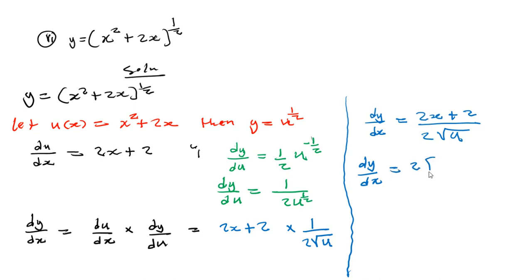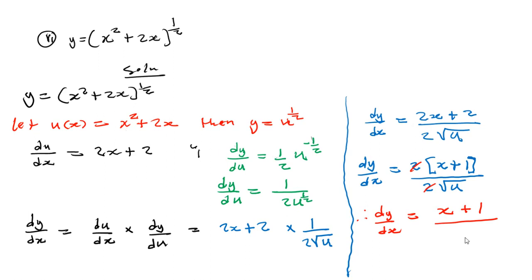So dy/dx is equal to 2 open bracket x plus 1, because 2x divided by 2 is x and 2 divided by 2 is 1, over 2 square root of u. The 2 at the bottom and the 2 at the top cancel. Therefore dy/dx is simply equal to x plus 1 over the square root of u, and u was x squared plus 2x.